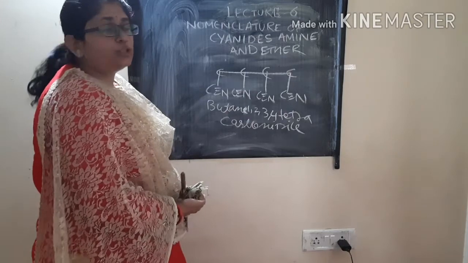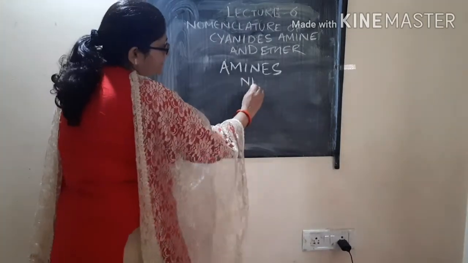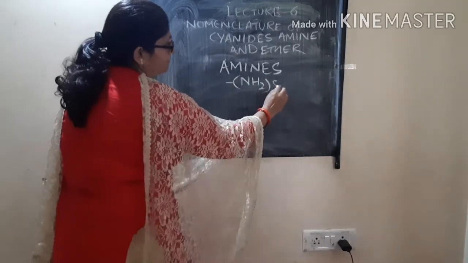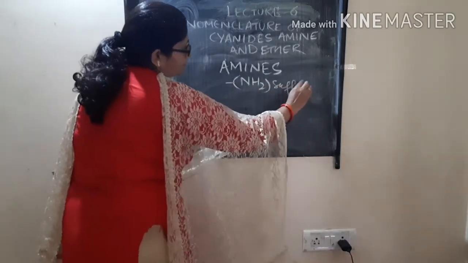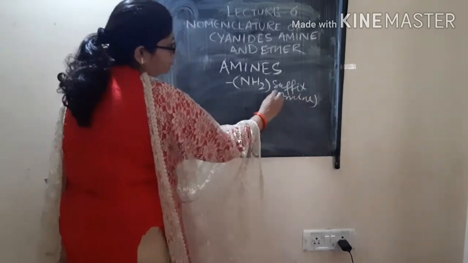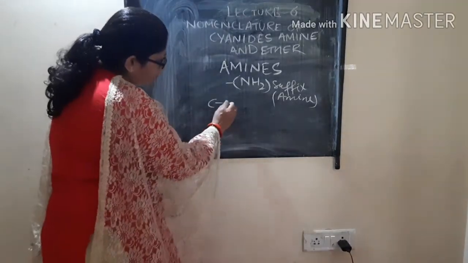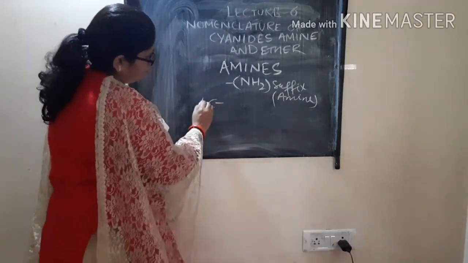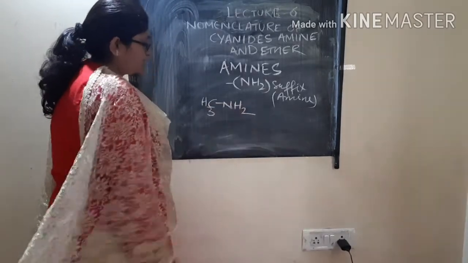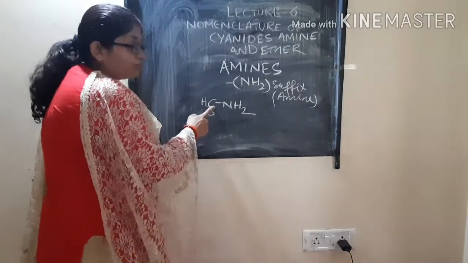Now let us move to the nomenclature of amines. Amines are represented as NH2 and the suffix is amine. Understood, students? Now let us take some examples so it will be clear to you. How many carbon atoms will this be? 1 carbon.